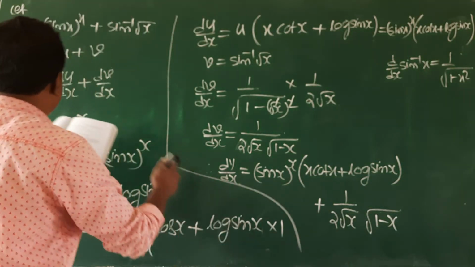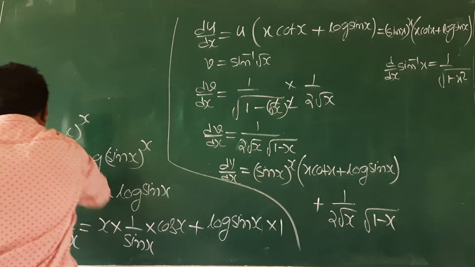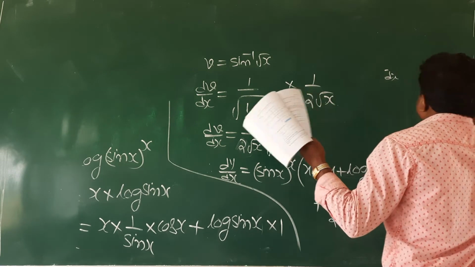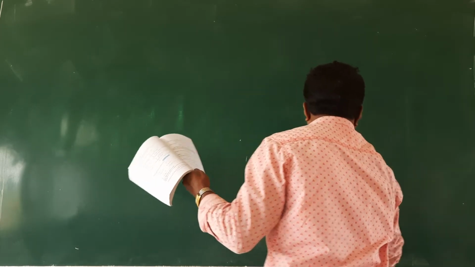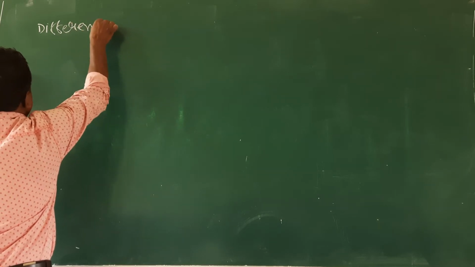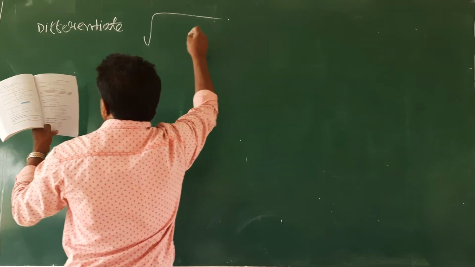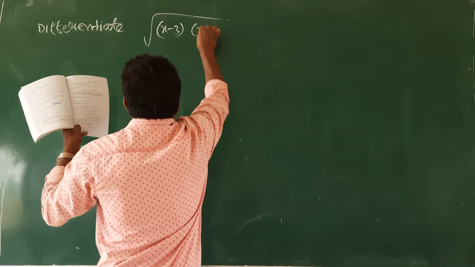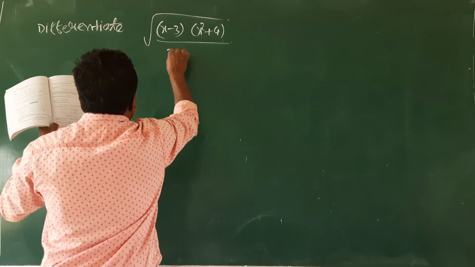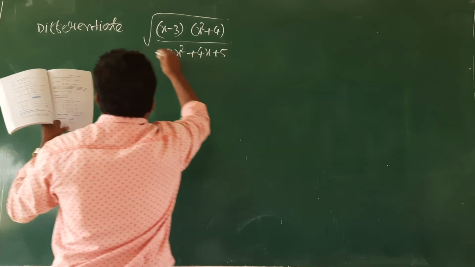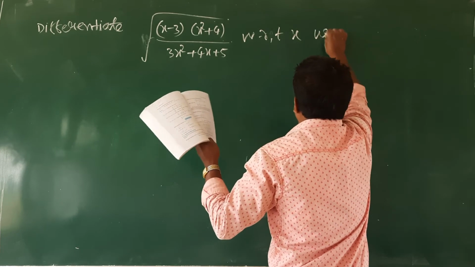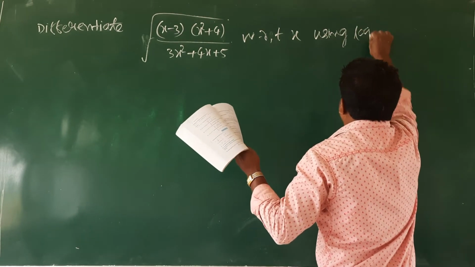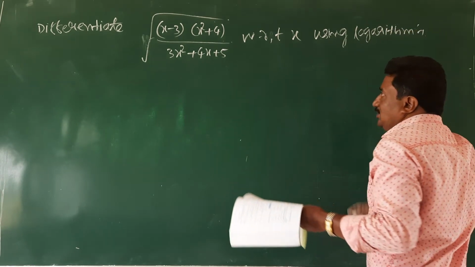Differentiate root of x minus 3 into x square plus 4 by 3x square plus 4x plus 5 with respect to x using logarithms.